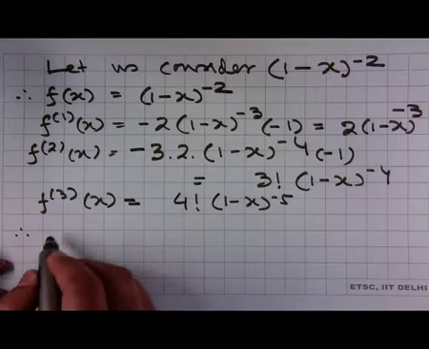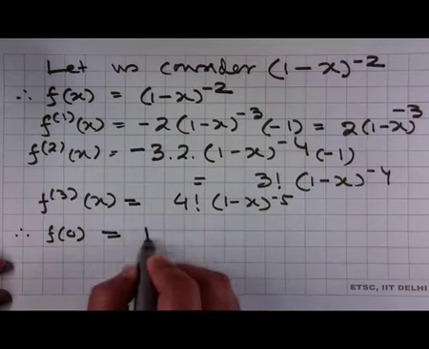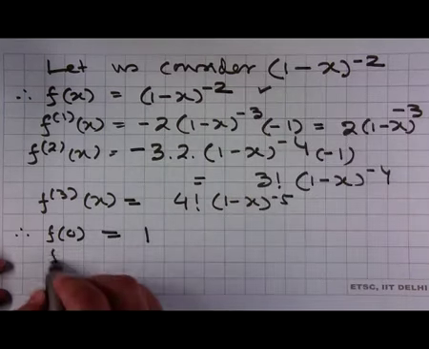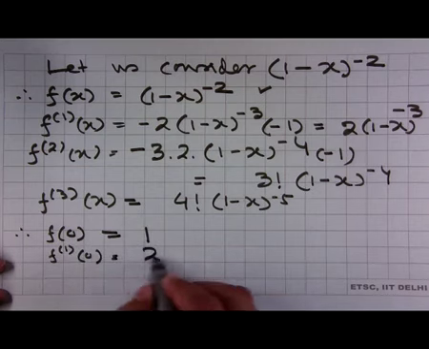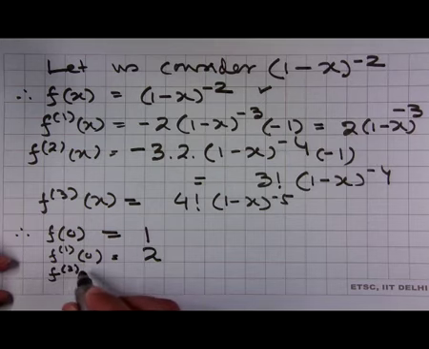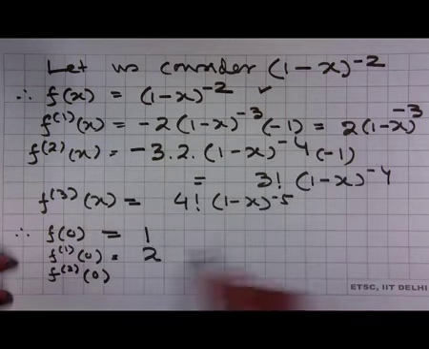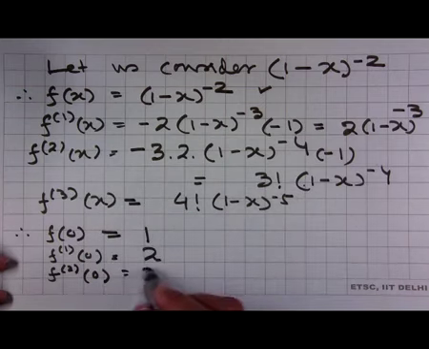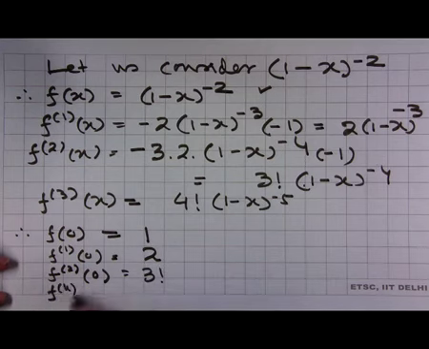Therefore, f at 0 is equal to 1, f prime at 0 is equal to 2, the second derivative of f at 0 is equal to factorial 3, and the third derivative at 0 is equal to factorial 4.